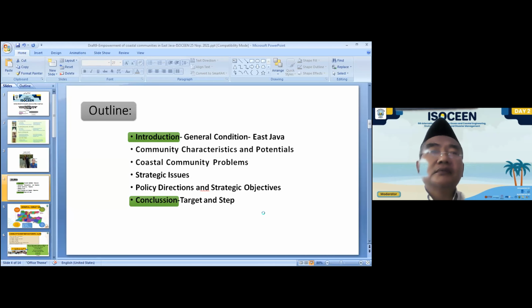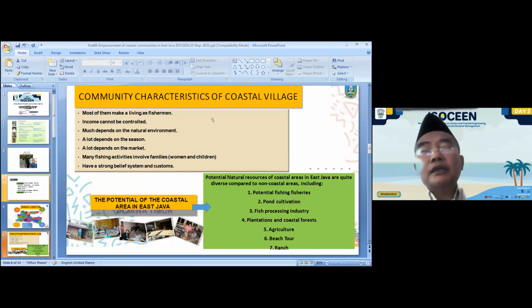We just now saw the community characteristics of a coastal village.